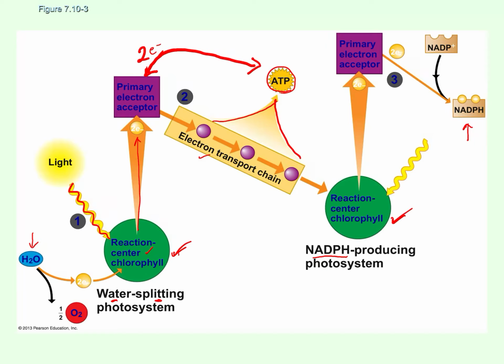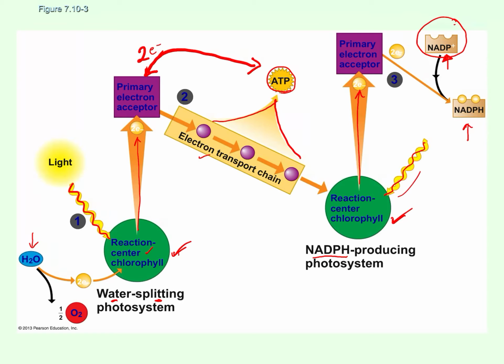Okay? Now let's look at the second one here. So the same thing, sunlight comes in, it energizes 2 electrons away from chlorophyll A. And then this one's slightly different. There's no electron transport chain, but here's our Uber. Our Uber is slightly different. It has a P. The P is for photosynthesis.